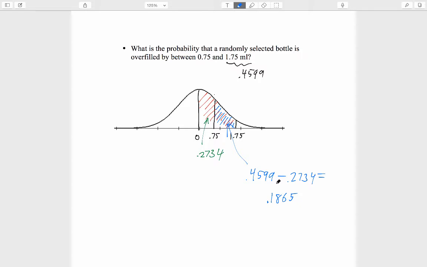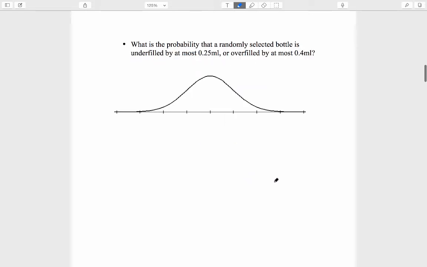Now let's look at the other example from the end of the last video. What is the probability that a randomly selected bottle is underfilled by at most 0.25 milliliters or overfilled by at most 0.4 milliliters? Let me draw 0.25 milliliters somewhere around there, and I label it by negative 0.25 to indicate that we are talking about underfilled bottles.